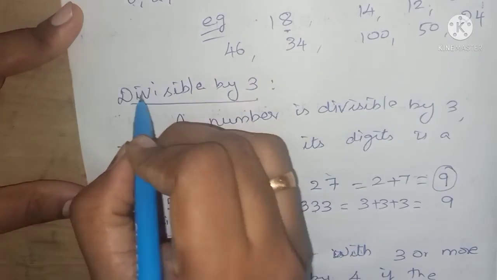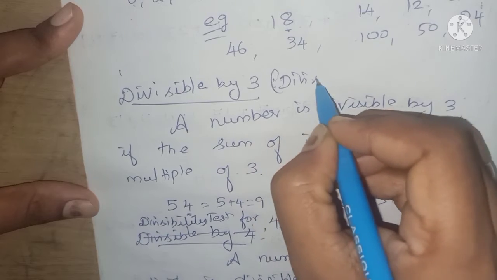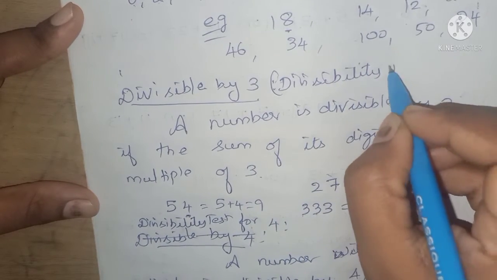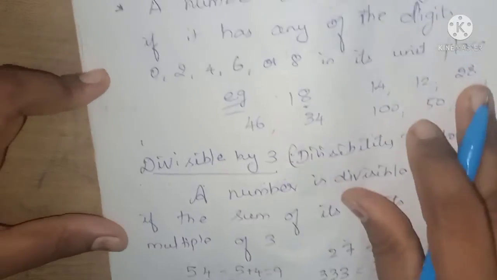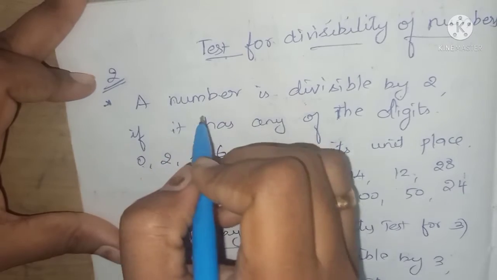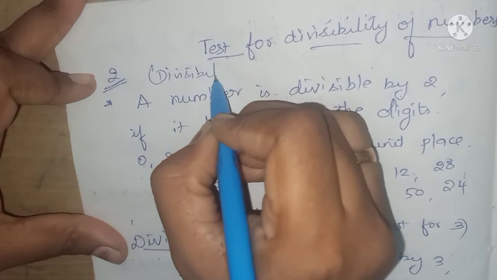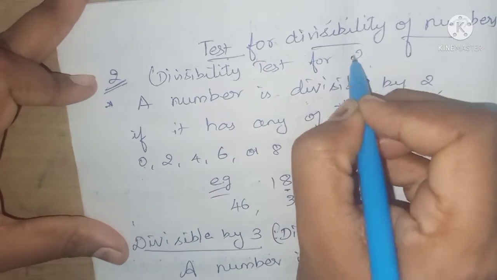And here also I can change this heading as divisibility test for 3, and this one is divisibility test for 2.